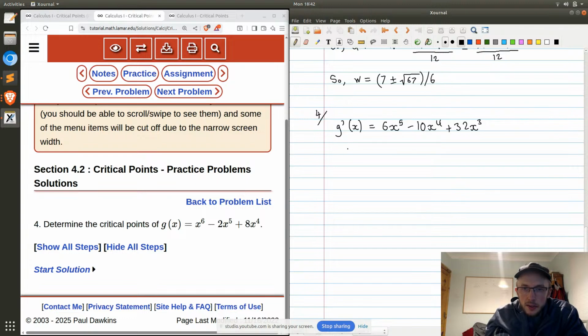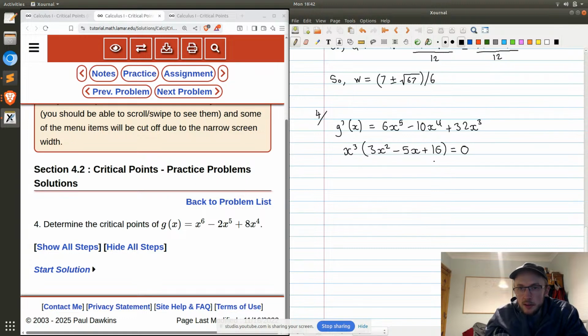Now solving, bringing it down here, I'm going to factor out x squared and divide by 2 all in one step. Factor out x cubed rather. So x cubed all times 3x squared minus 5x plus 16 is equal to 0.